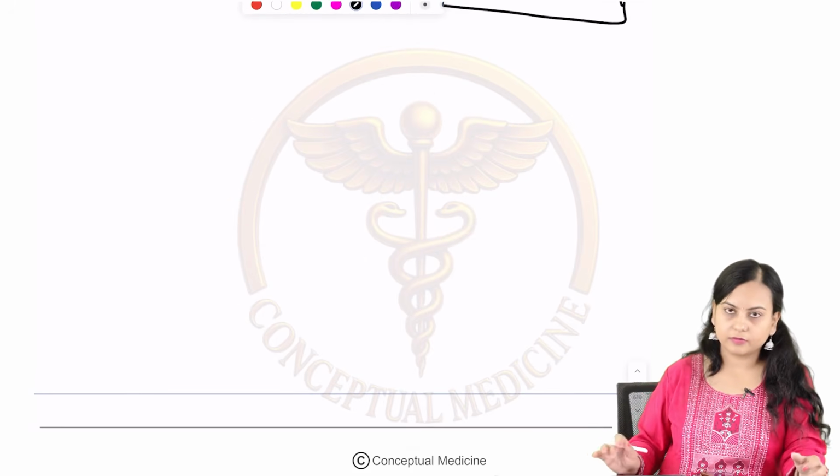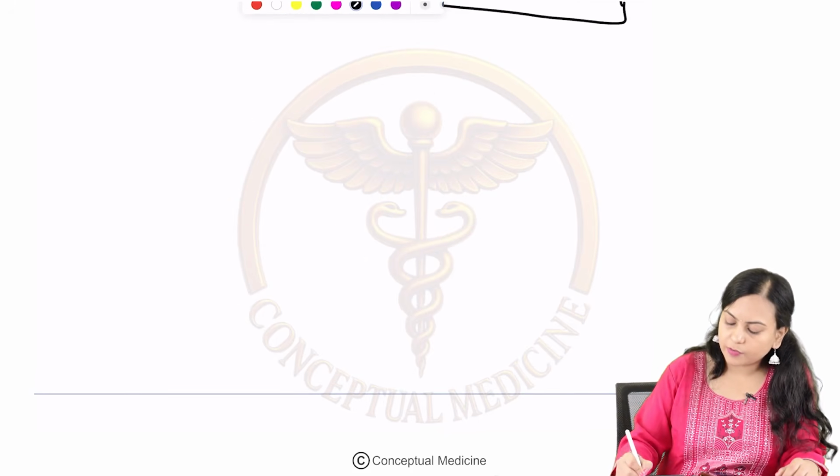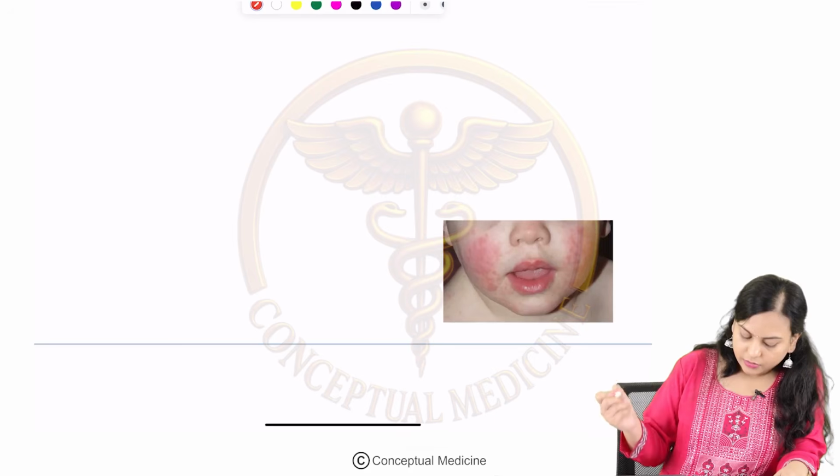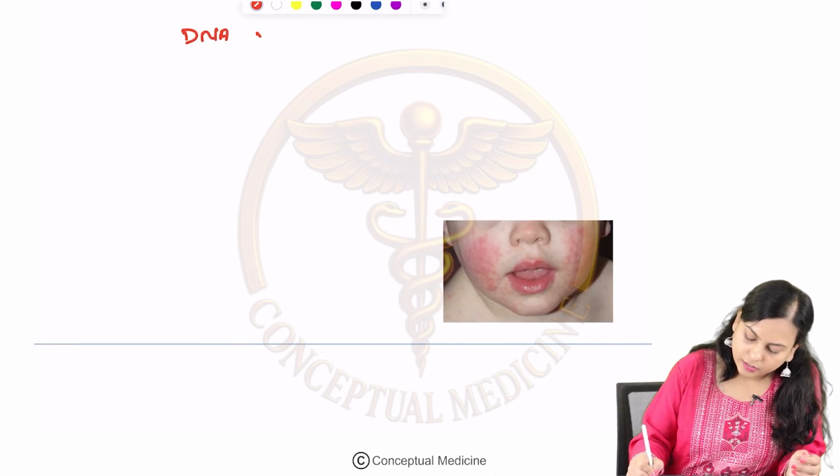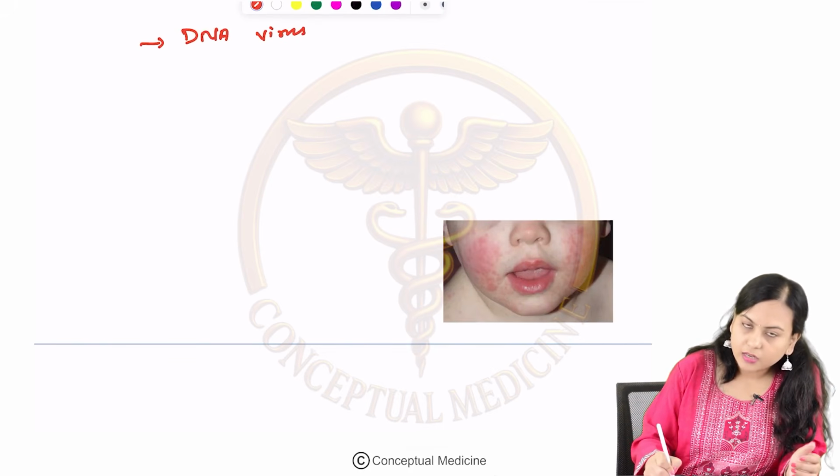Now, we'll continue with the fifth disease, Parvovirus B19 infection. So, this Parvovirus B19 is a DNA virus.